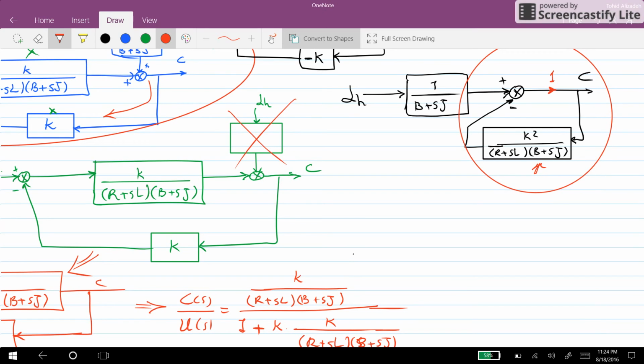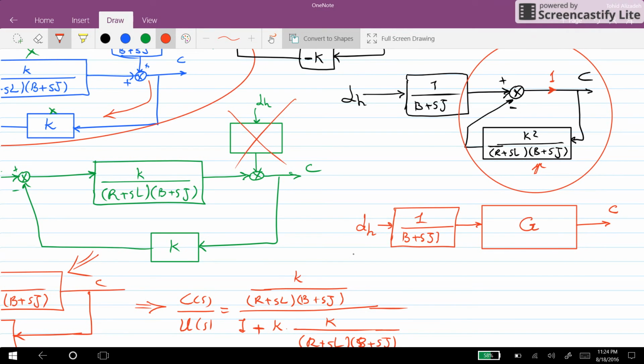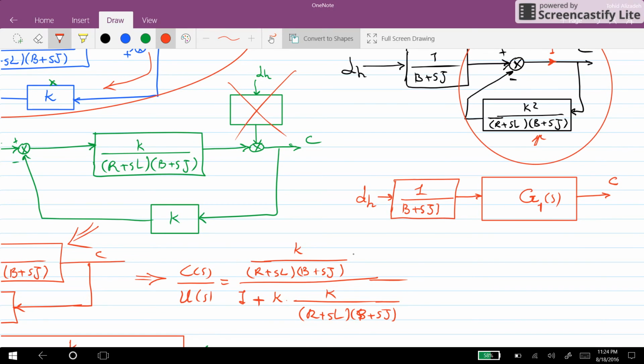We will have this situation: the edge 1 over b plus sj, and then here we will have the new transfer function which gives us c. And I will call this maybe g1. So we can calculate g1 now.